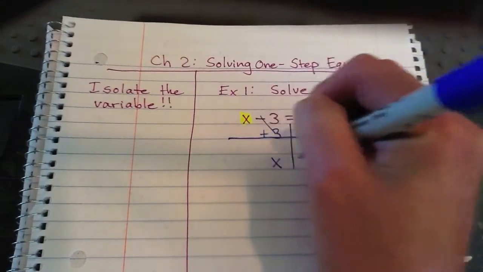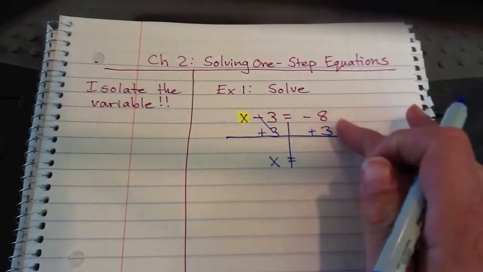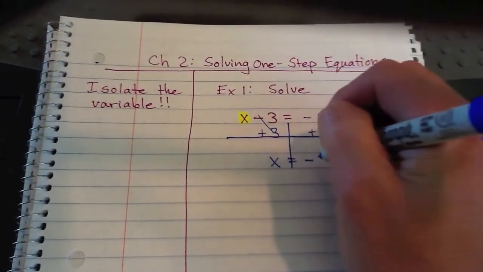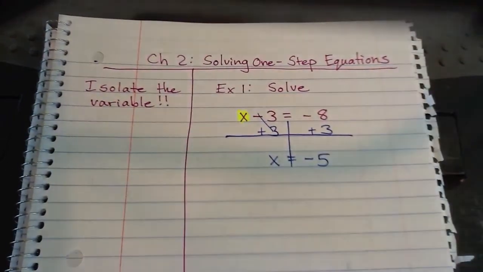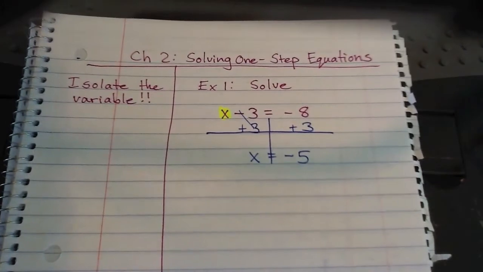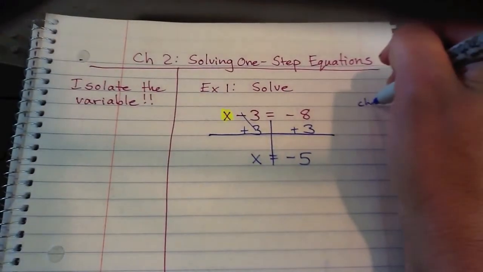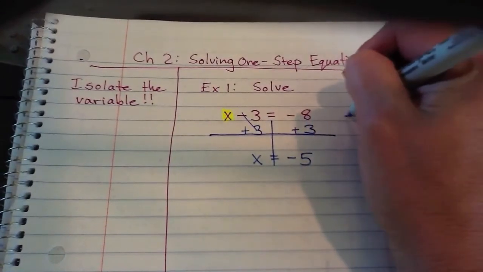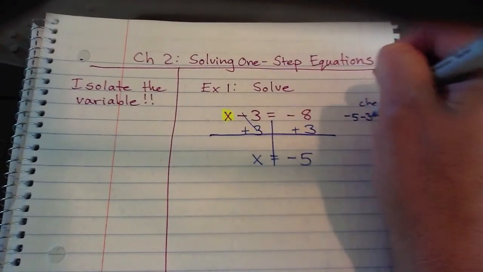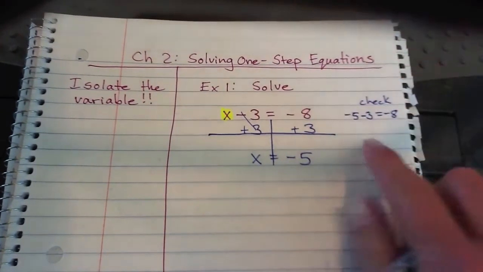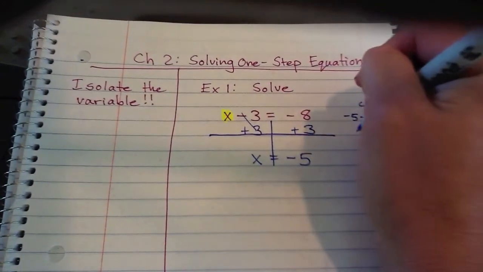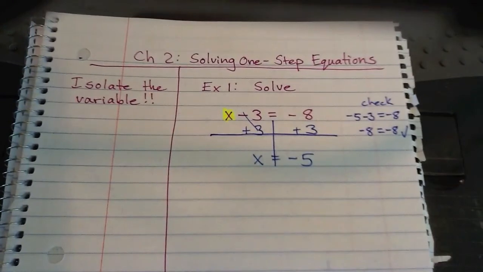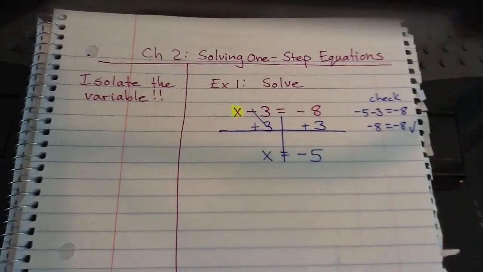I have just x left over, and a negative 8 plus 3, opposite signs, is negative 5. And now you check these just by evaluating with the solution you had. Negative 5 subtracting 3 equals a negative 8. Negative 5 subtracting 3 is a negative 8. So that is true.